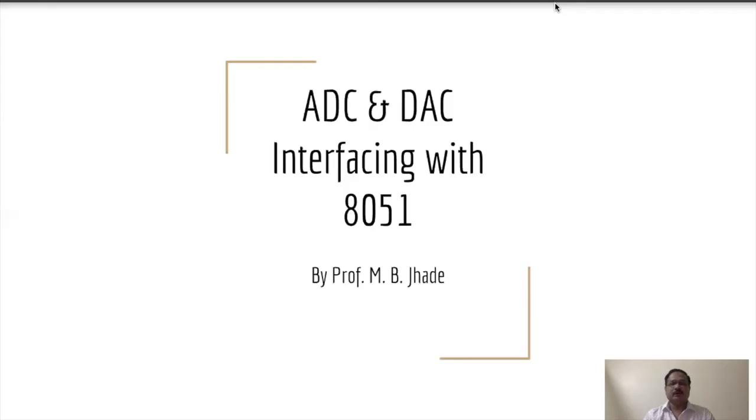And you all know that is done using transducers or sensors, like the temperature sensor and pH sensor. Different sensors are used to convert the physical parameter into an electrical signal, and those electrical signals are in analog form.